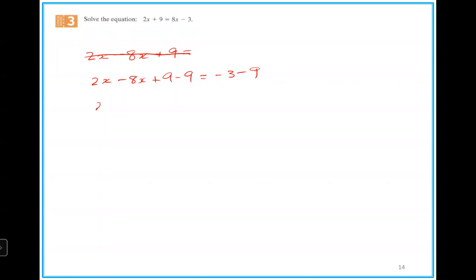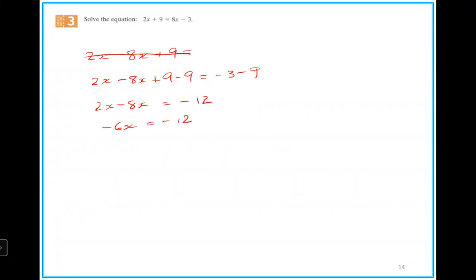And then now I have negative 6x equals negative 12.